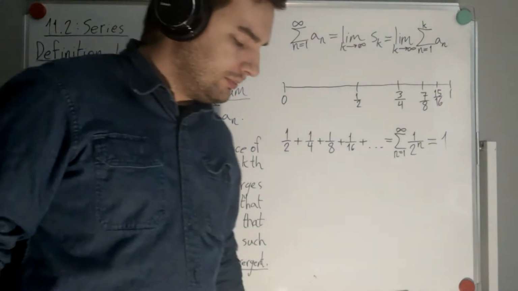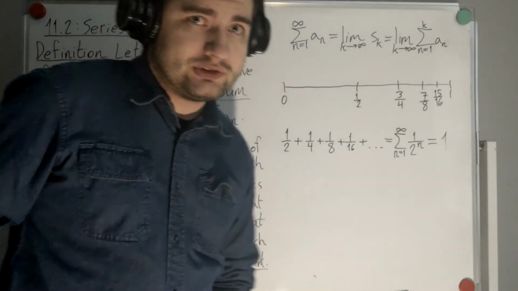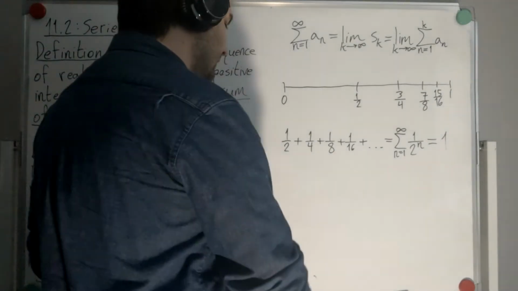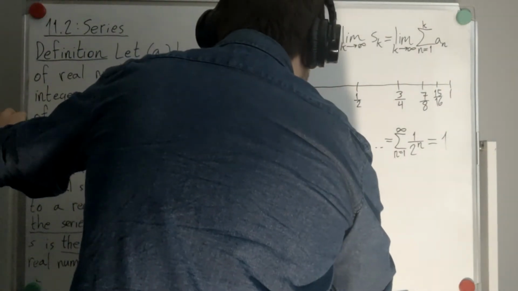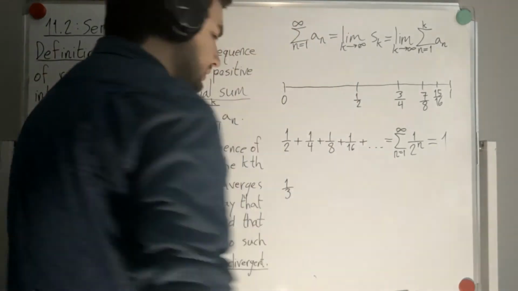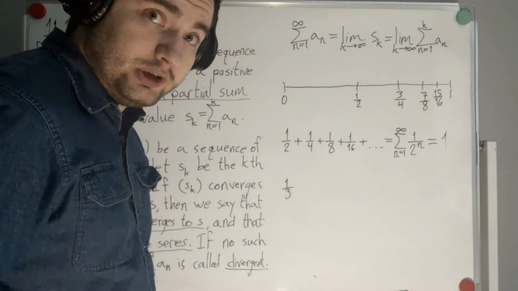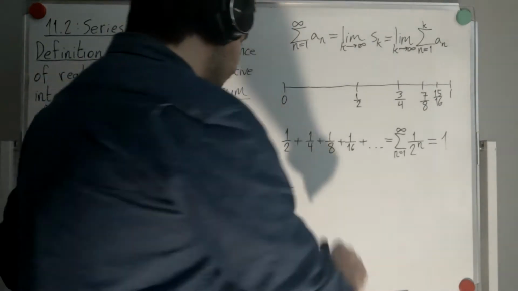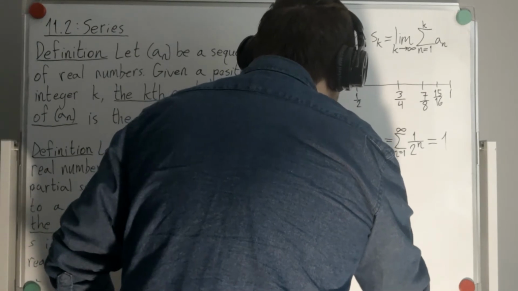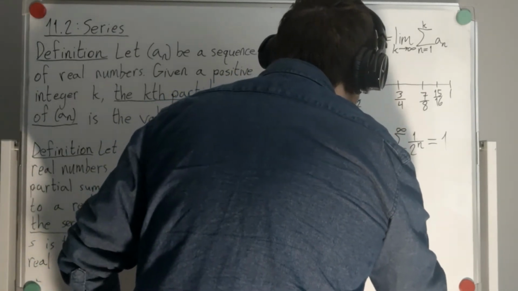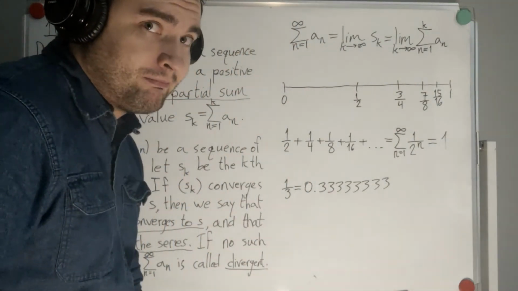The other thing that I want to point out is you deal with infinite series all the time, you just don't realize it. Let's think about, for example, 1/3. If you were to type this into a calculator, it's going to give you something like 0.33333333, and so on, right?